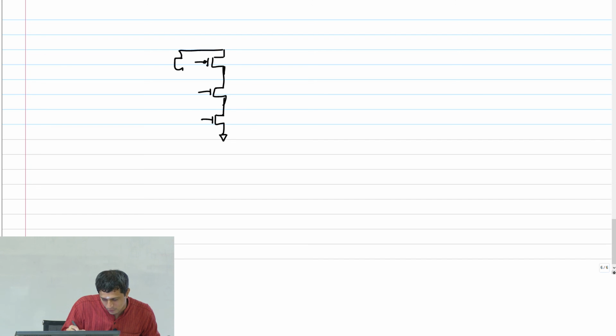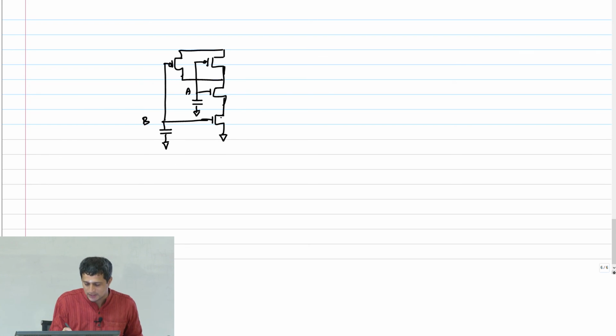Therefore, I will redraw my NAND gate with the net capacitances as follows. Inputs are shorted. I have one capacitance between A and ground, other capacitance between B and ground.